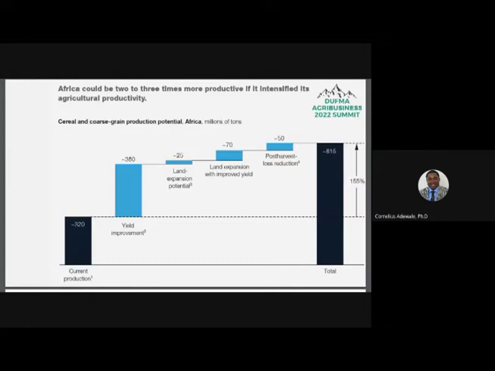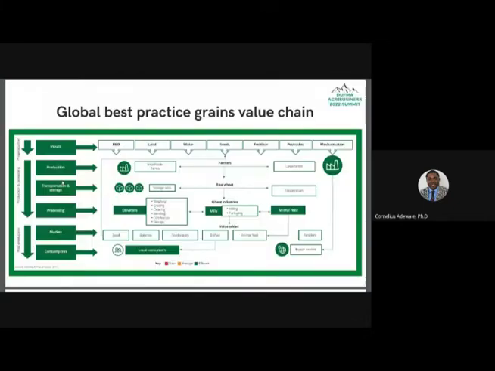So we are talking about 6, 7x in terms of the difference. And why is this the case? Because of input accessibility, because of the genetics of the seed we're using, and so many other factors that I believe we can talk a little bit into. And there are so many other opportunities as well within that.